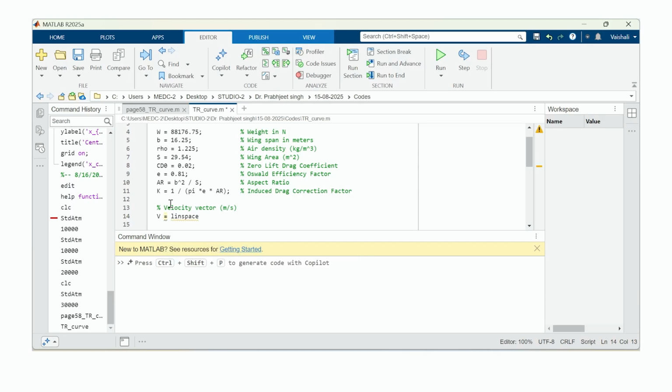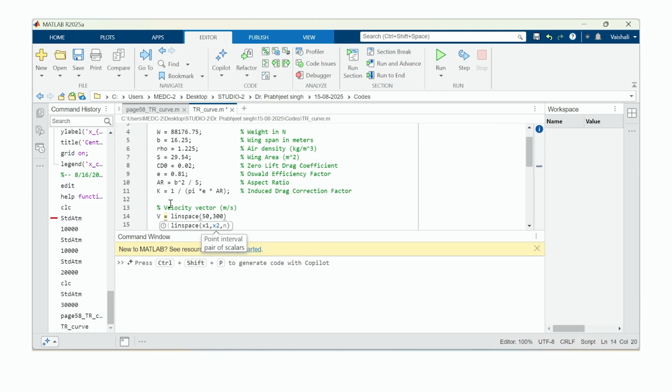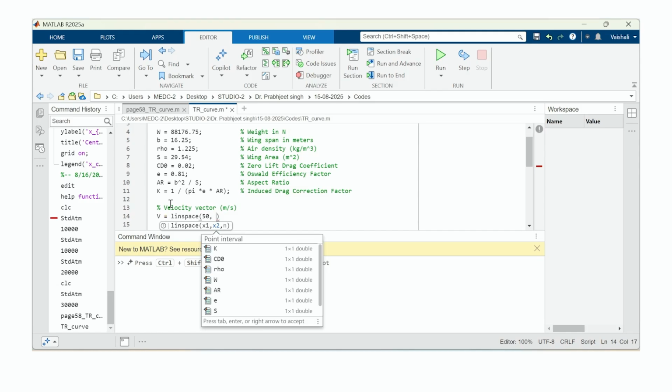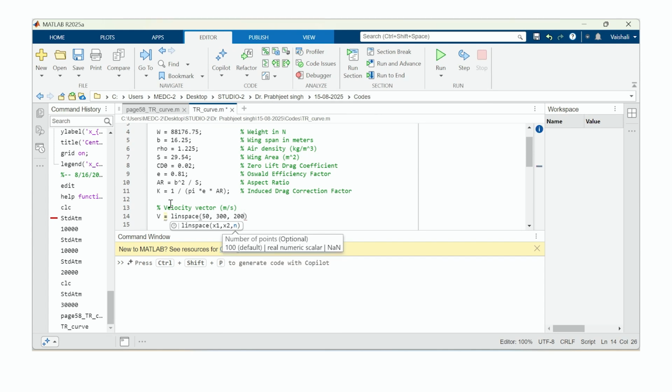Let me consider velocity from 50 to 300 meters per second and divide it into intervals, say 200. You want to see what is actually happening? So let me save this and run this code.